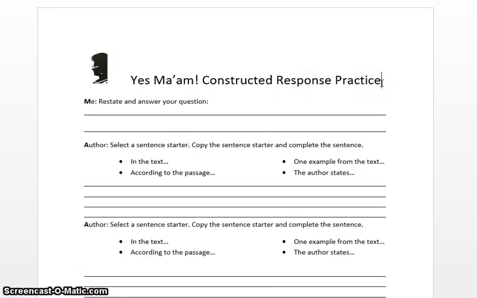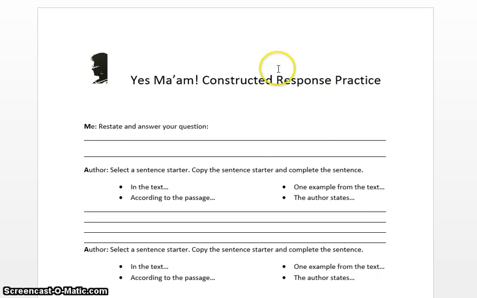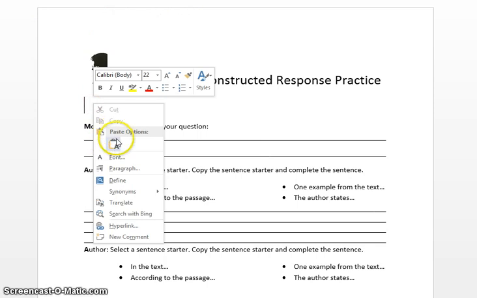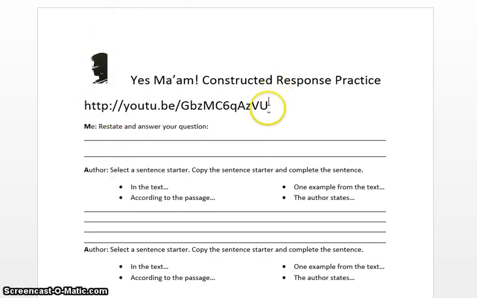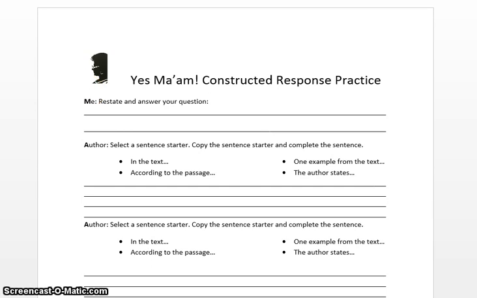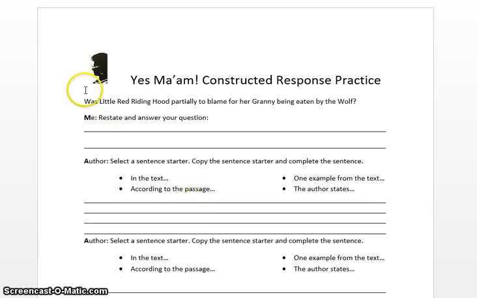I have my blank constructed response practice page, and I have a question about Little Red Riding Hood. Okay, now you can see my question. It says, was Little Red Riding Hood partially to blame for her granny being eaten by the wolf?